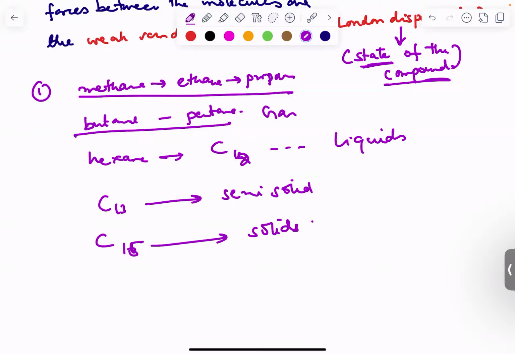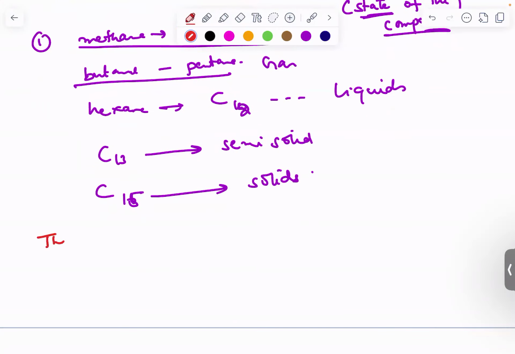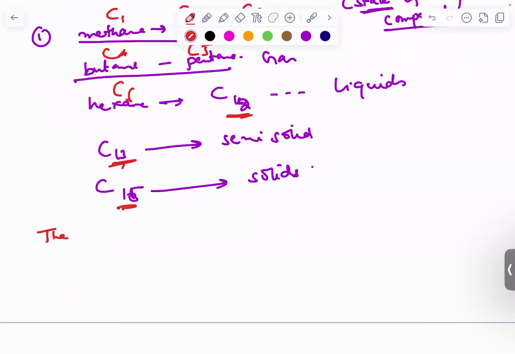So what does it mean? It means the larger the molecule. Now look, what do I mean by larger? This is C1, C2, C3, C4, C5, C6, then C12, then C13, then C15.